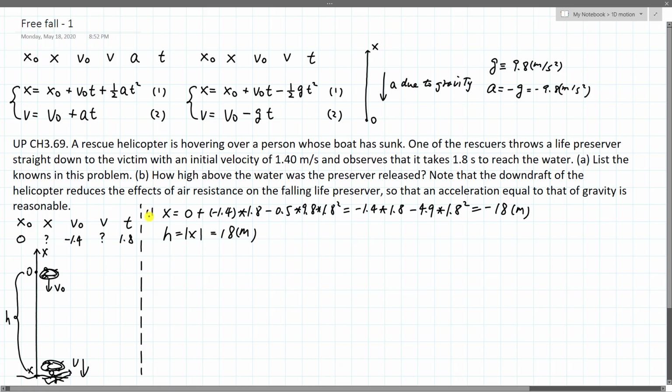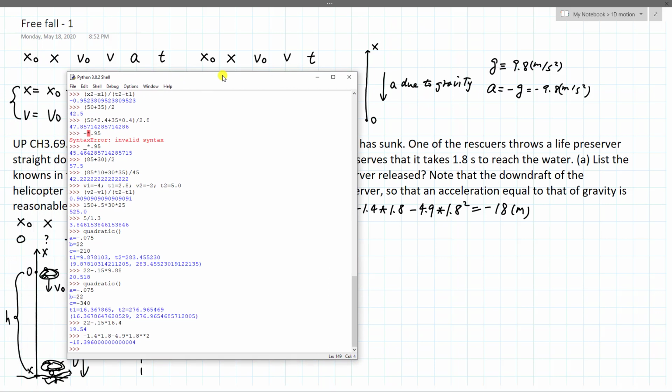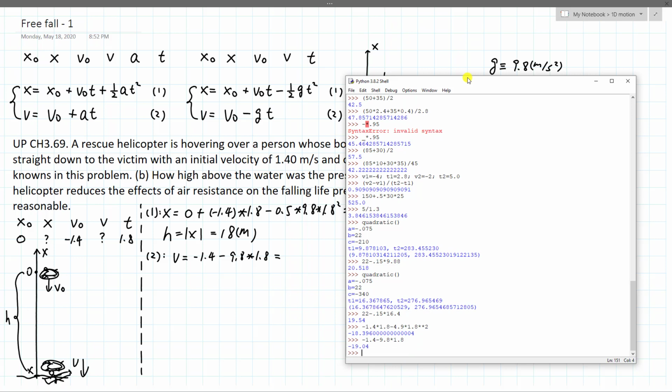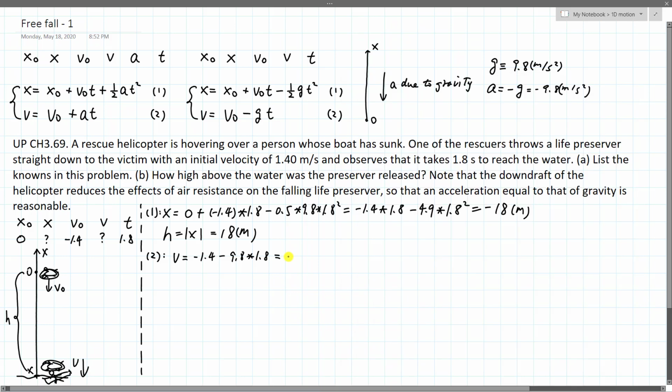Well, okay, equation 2: velocity is initial velocity minus 9.8 times 1.8. Let's get the calculator out: minus 1.4 minus 9.8 times 1.8. This is going to be a negative velocity. Okay, minus 19, let's keep 2 digits.